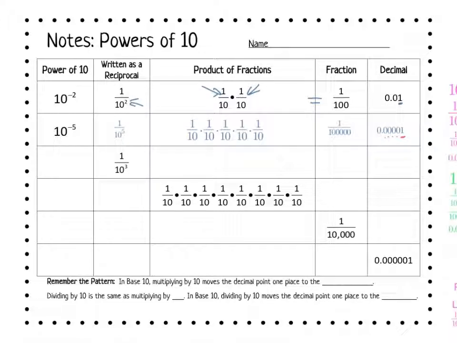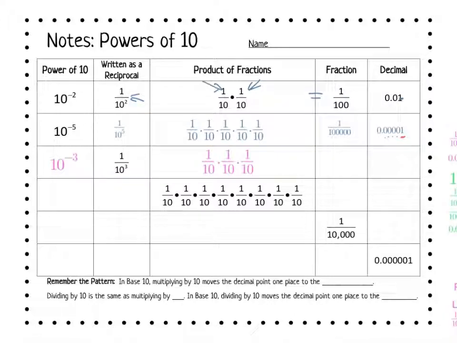Now let's look at the next row. In the next row, they've given me the reciprocal, and I have to fill in the rest. So I've got 1 over 10 to the third, and I know that the power is going to be 10 to the negative third if I'm writing it as the reciprocal. Now I'm going to write that as a product of fractions. I've got 3 1/10ths, so 1/10 times 1/10 times 1/10.